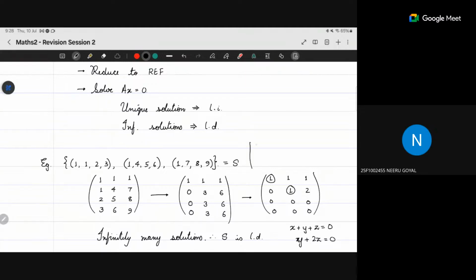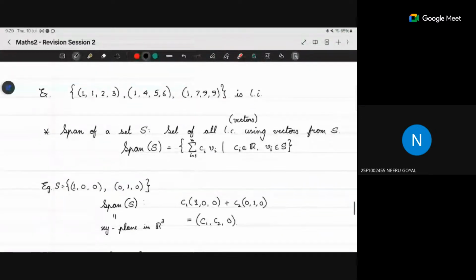But what I was saying earlier was that 1, 1, 2, 3, which is the first vector, and the second vector 1, 4, 5, 6 is a basis for span S. Span S is a subspace and its dimension is 2 and the basis is this. We'll get to that, and at that time it might be clearer.